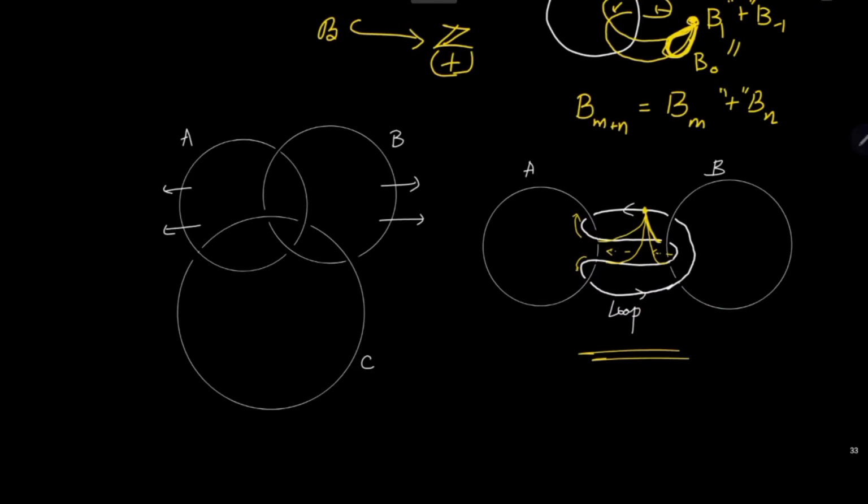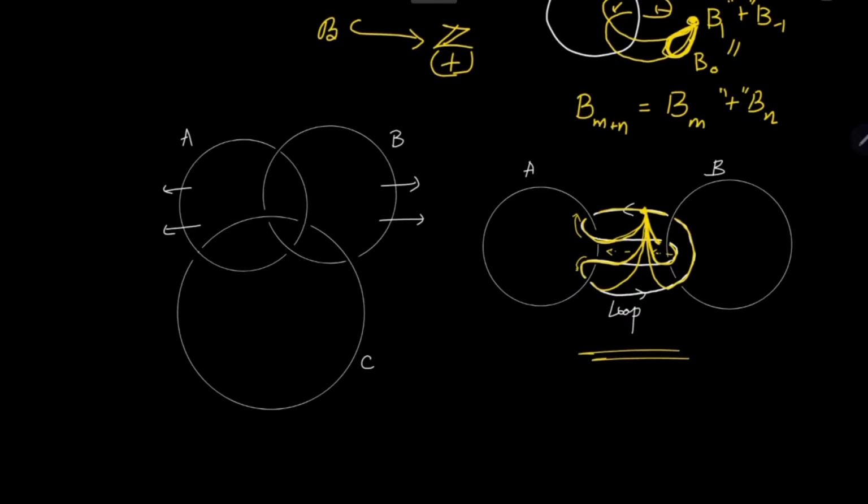So the loop that you consider afterwards starts at this base point, goes back here, then again starts at the base point, goes back here, then again starts at this base point, goes back here, and once again starts from this base point and goes back here. So it is 4 loops.